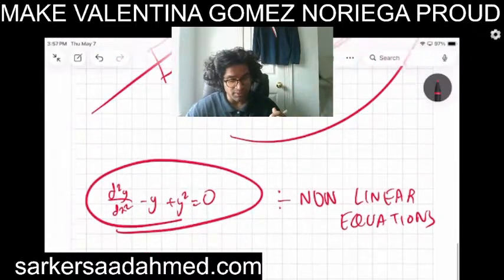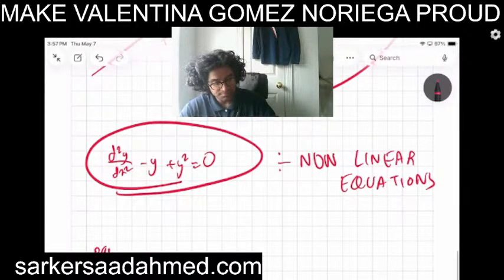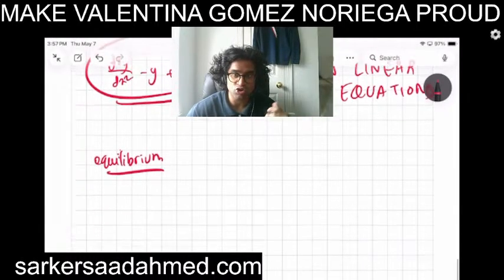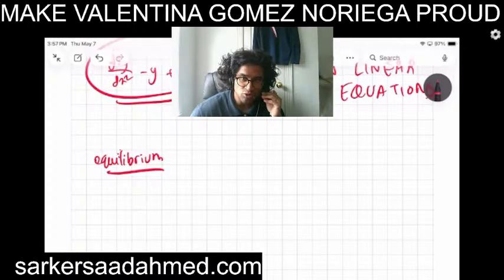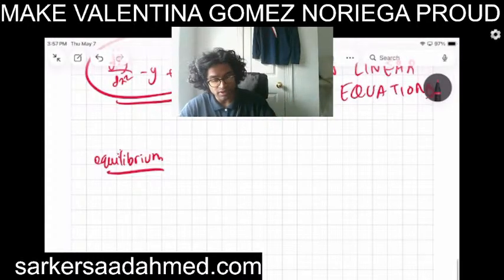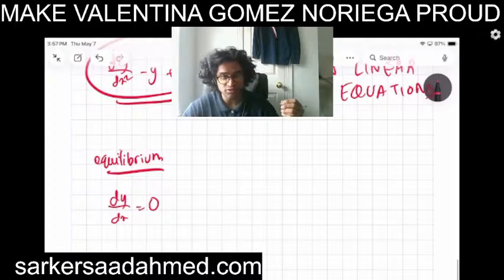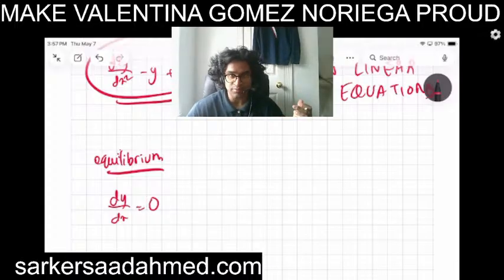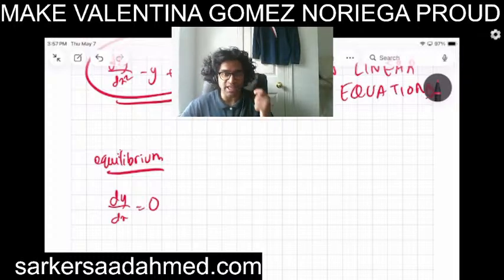Now, equilibrium. When is it that we consider an equation to be at equilibrium? If I have dy by dx is equal to 0, that is equilibrium. We need to find the y values from our dy by dx, in which those y values will give me the equilibrium.